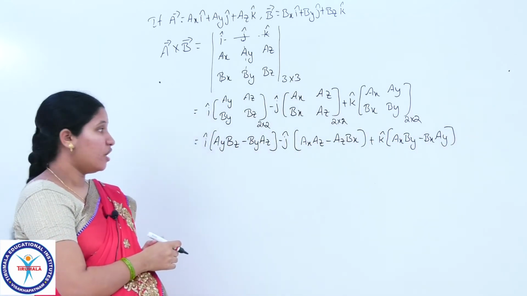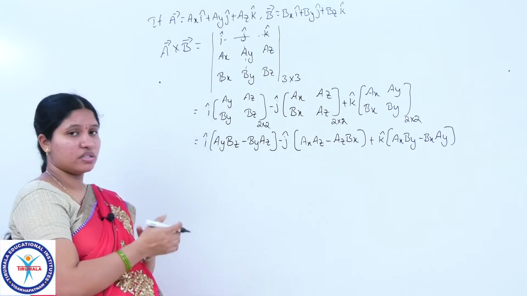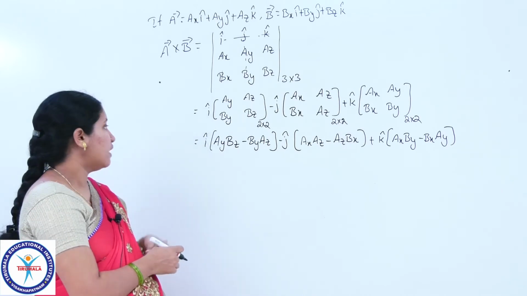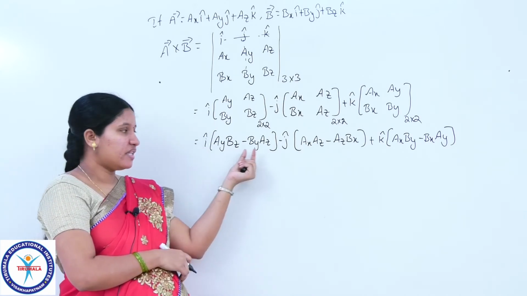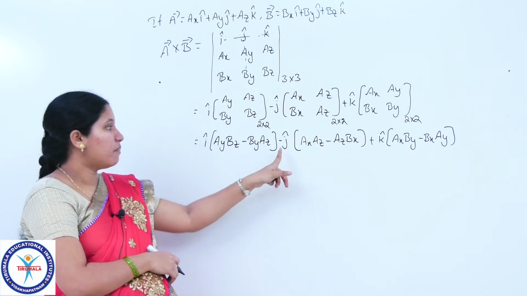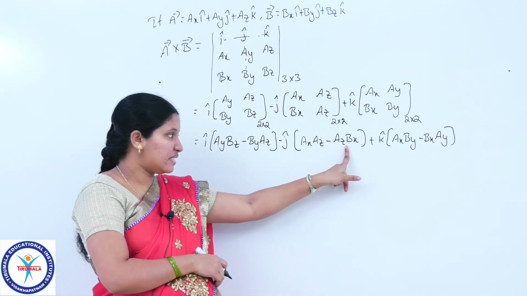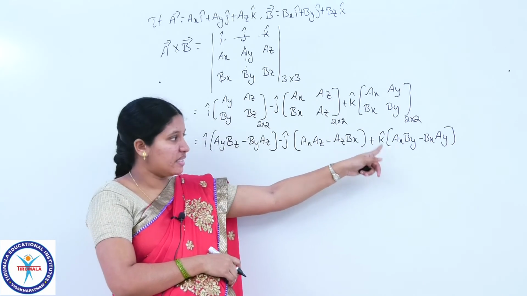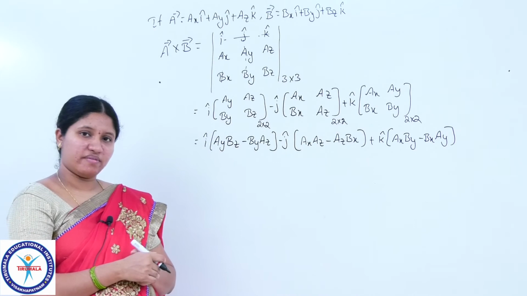So, in this way we can find out the cross product of the two given vectors a bar and b bar, that is equal to I cap into ay bz minus by az, minus j cap into ax az minus az bx, plus k cap into ax by minus bx into ay.